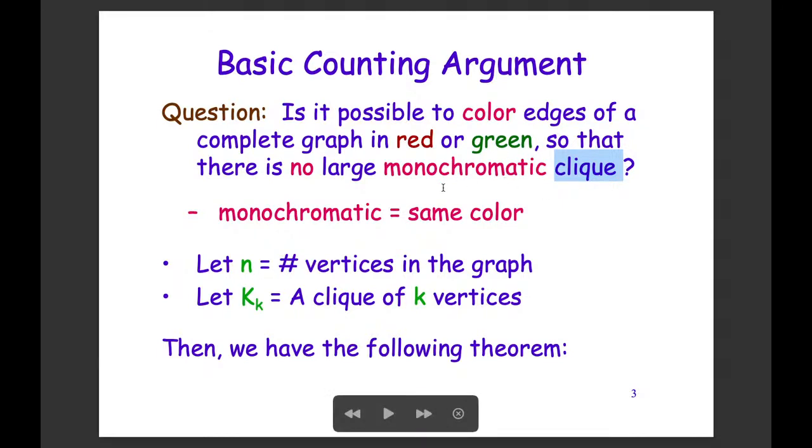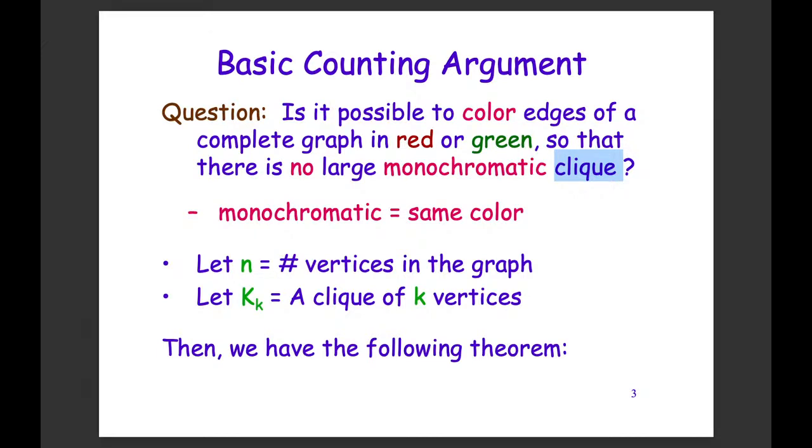Let us recall a very famous problem that we have studied in the discrete mathematics class. We have 6 people, and between any 2 people, they are either friends or enemies.